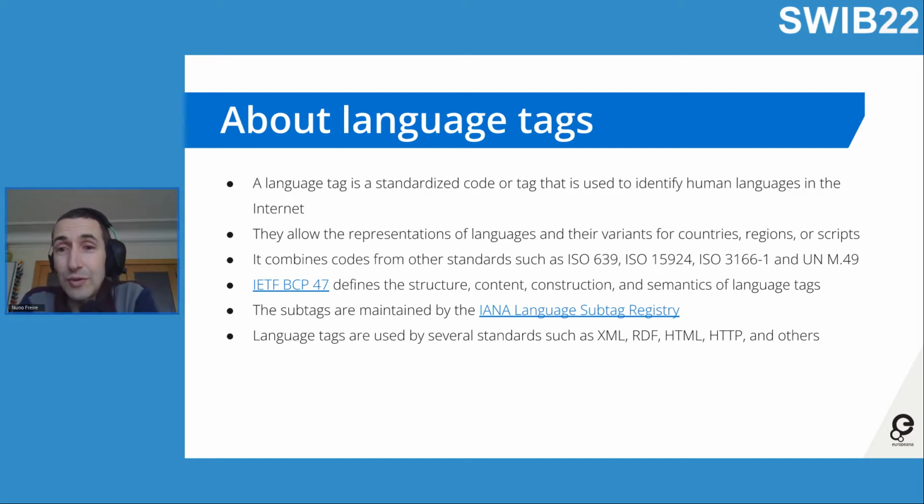So today I'm also going to talk about language tags. Let me introduce some of the standards which are related with language tags. Language tags are standardized codes that are used to identify human languages in the internet. They are used in several technologies within the internet, and they allow the representation of languages and their variants for countries, regions, and scripts.